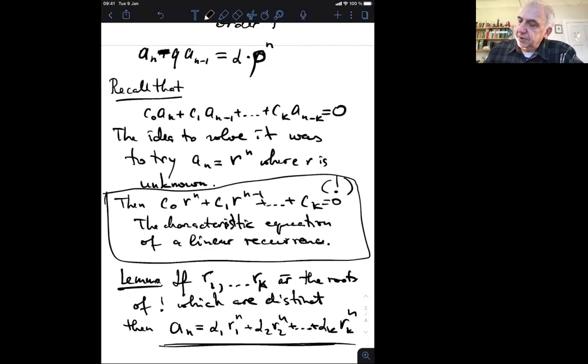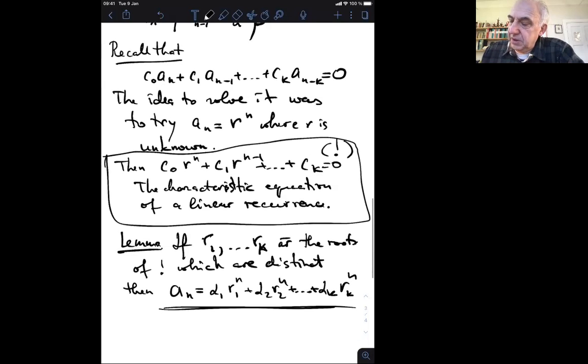This is the general solution of our linear recurrence if we have distinct characteristic roots. And this is the easiest situation which can happen. If we're interested in real solutions, or we might have some multiple roots, then the formula becomes a little bit more complicated, but not very much.